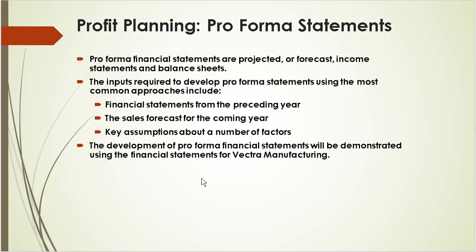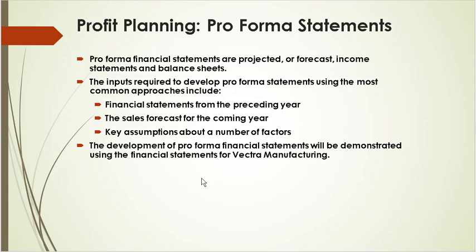So let's first start talking about pro forma statements. These are obviously projected. We're going to forecast income statements and balance sheets. In the end, we could even predict cash flow statements. Now, the inputs required are fairly simple.